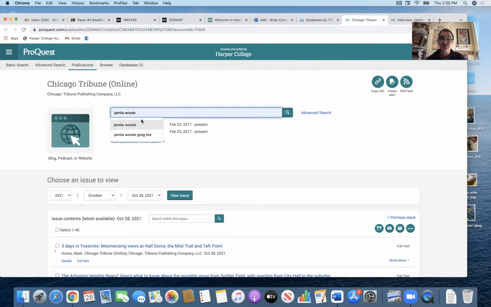You'll notice in my search engine here that I've already looked up Jamila Woods, Greg Kot. I've taught Jamila Woods for the last couple of years, but I started doing more with the database last year. And I recall that the articles that were very useful, especially if you're trying to narrow them down a little bit, are some of the ones written by a reporter named Josh Terry.